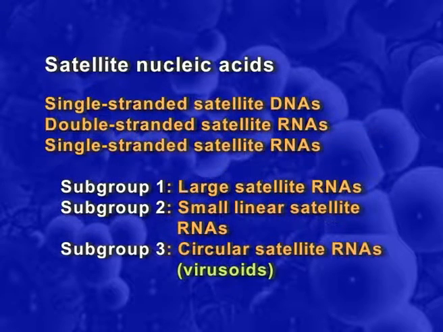Next, we look into the satellite nucleic acids. They can be classified as single-stranded satellite DNAs, double-stranded satellite RNAs, and single-stranded satellite RNAs. Subgroup 1 comprises large satellite RNAs, subgroup 2 contains small linear satellite RNAs, and subgroup 3 contains circular satellite RNAs.